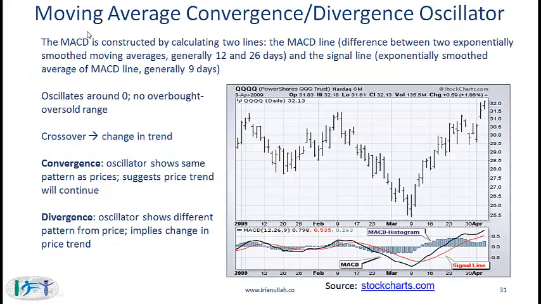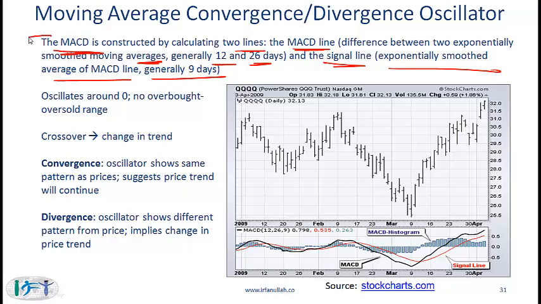The final momentum oscillator we'll talk about is the moving average convergence divergence oscillator. This is sometimes called the MACD and is constructed using two lines. The MACD line, which is the difference between two exponentially smoothed moving averages, generally 12 and 26 days, and the signal line, which is the exponentially smoothed average of the MACD line, generally 9 days.